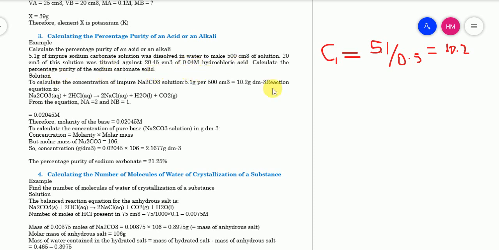Now if you have 20 cm cube zimereact na yule pale, calculate percentage purity of sodium carbonate. Now the first step, already we have the concentration impure. The next step is calculating the concentration pure. How do we calculate the concentration pure? Kwanza lazima tuanze calculate molarity. Molarity tunapataje? Kwanza ni balance chemical reaction. So it was the chemical reaction between the sodium carbonate pamoja na HCl.